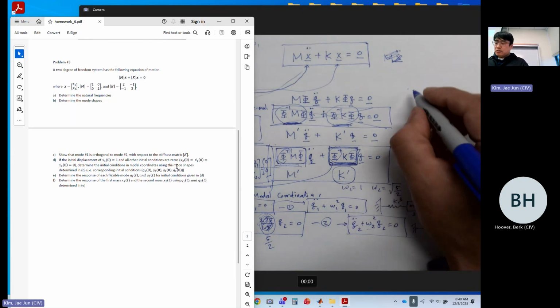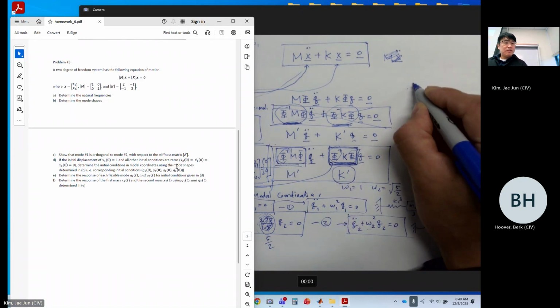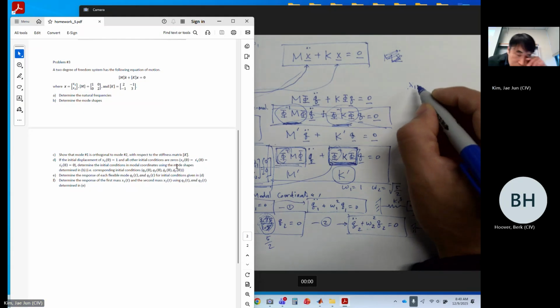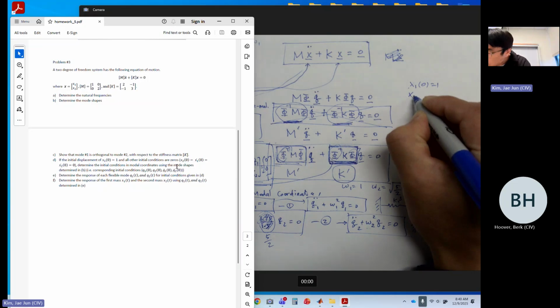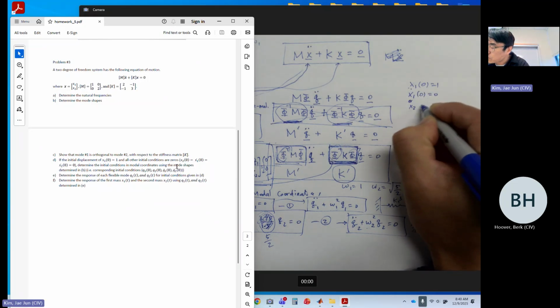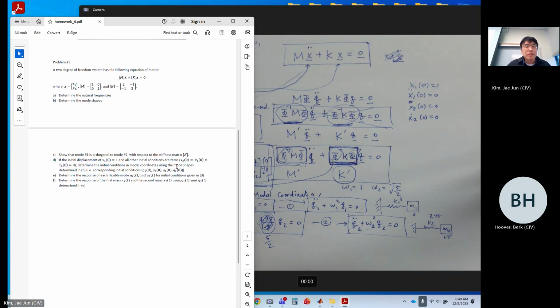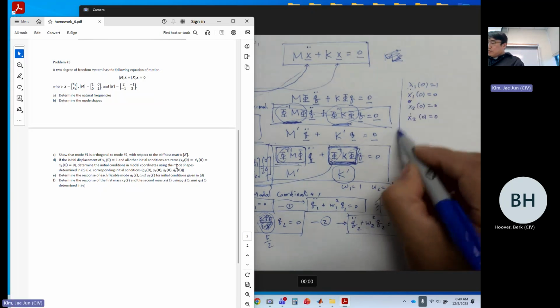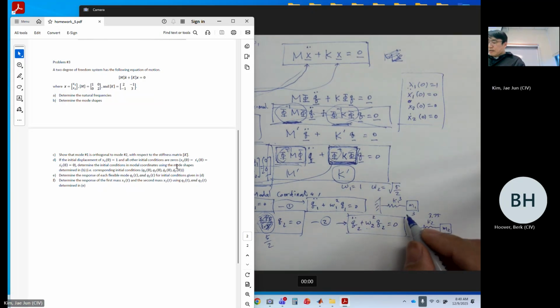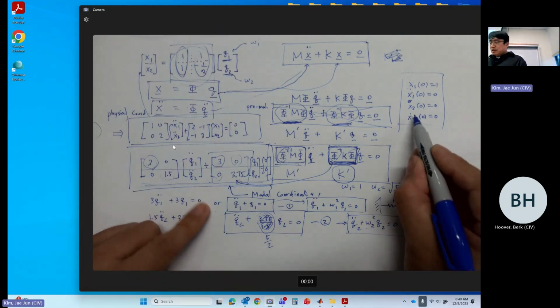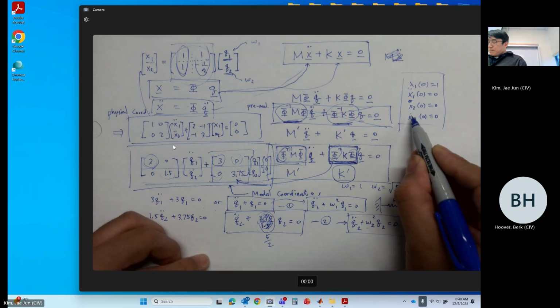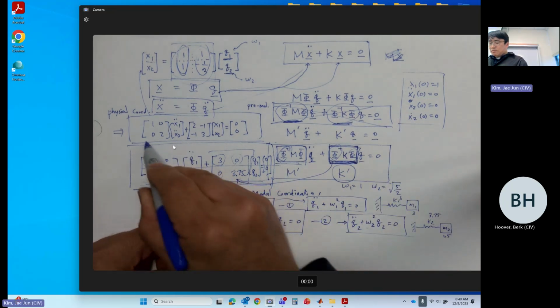So let's say initial conditions are given as x1(0) is 1, x1 dot (0) is 0, x2(0) is 0, x2 dot (0) is 0. So these are the initial conditions given. And then I would like to determine the solution of this, right?